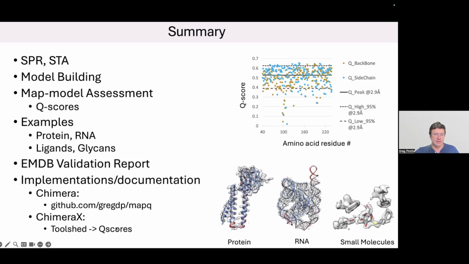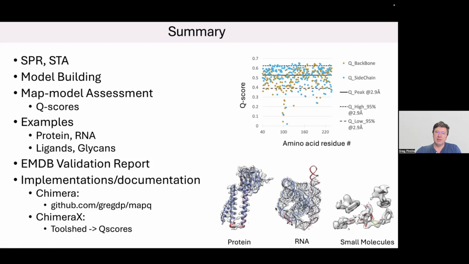With ChimeraX, even more recently, you can directly use Q-scores in combination with ISOLDE to interactively refine the model in areas where the Q-score might be too low. It can also be applied to small molecules, as I mentioned before. The final takeaway is that the Q-score can be a useful tool before depositing, or as you're building a model, to tell you: is the model fitted properly? Could it potentially be better?